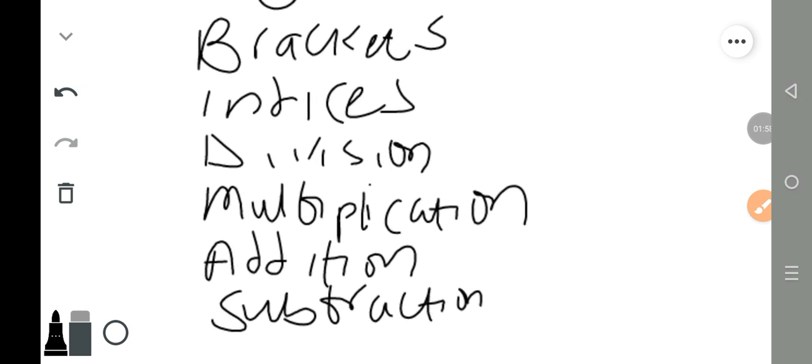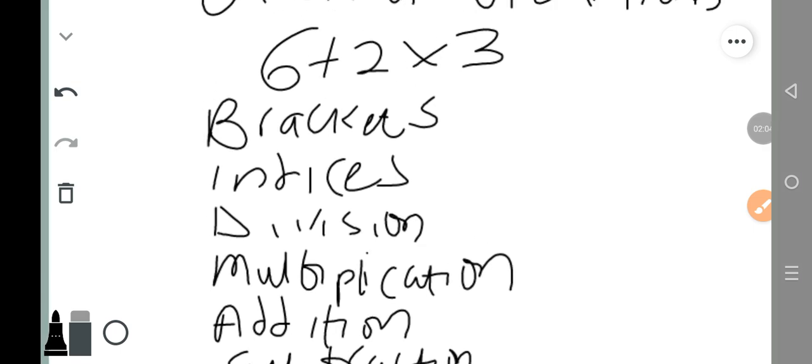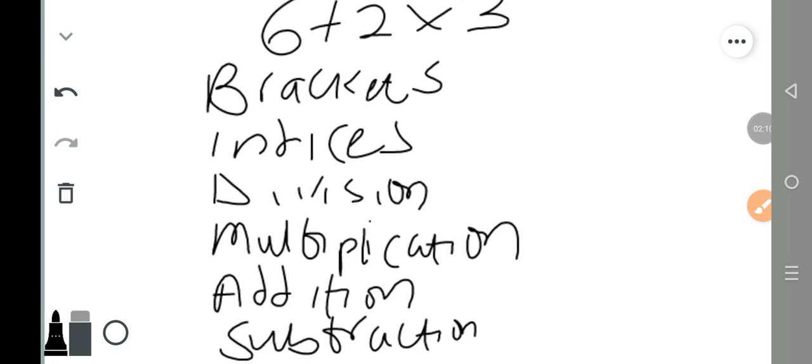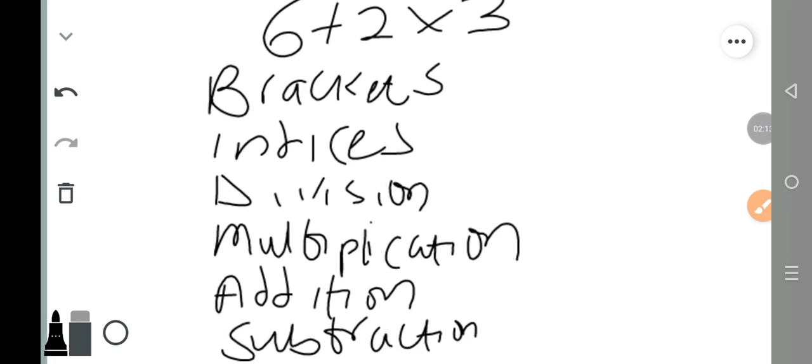So you can see, first off, you deal with the brackets. After brackets in the equation, you deal with any indices or exponents that might be there, and then division, and then your multiplication, then your addition and your subtraction.